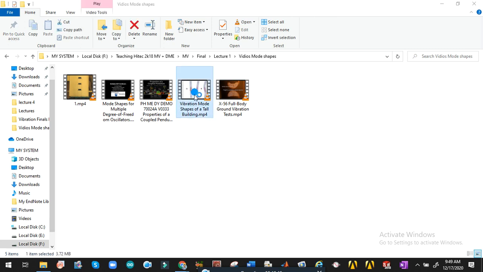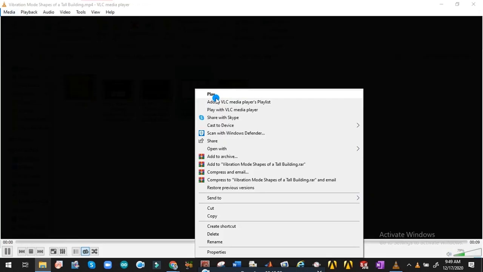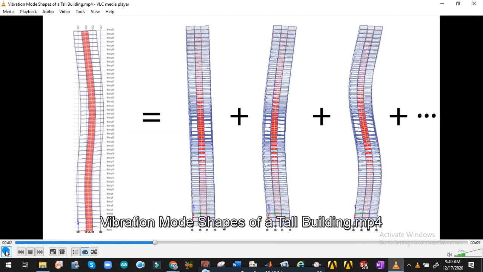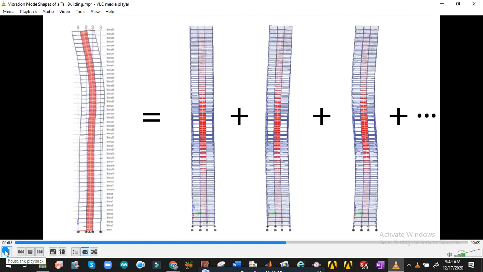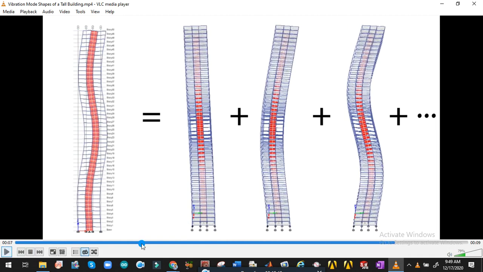Please look here. Vibration mode shapes of a tall building. So what I want to show you people, this is the complete response of the tall building.